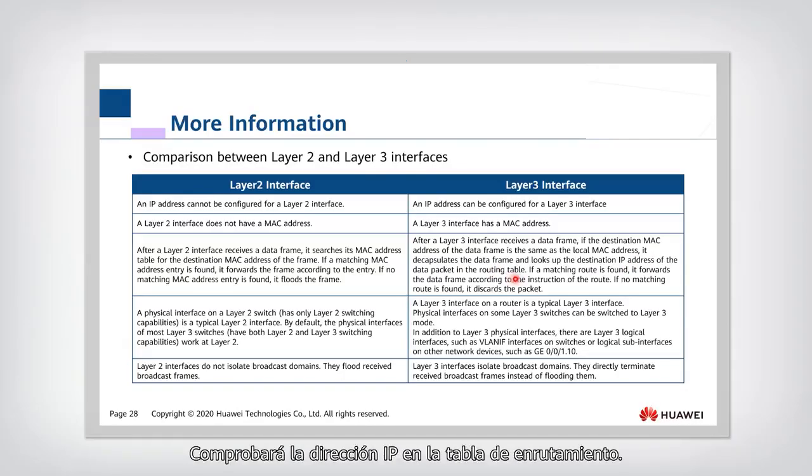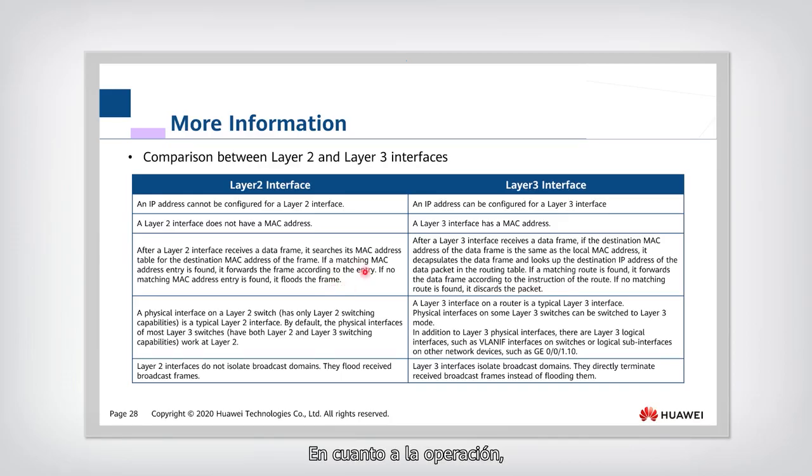So they will check first the IP address and second the routing table. That's different from this one, okay? And if it is found, they will forward through the corresponding interface. But if no matching route is found, it will not flood it out. It will not broadcast it out. Instead, it will discard the packet. So this is another difference from the layer 2 interface.